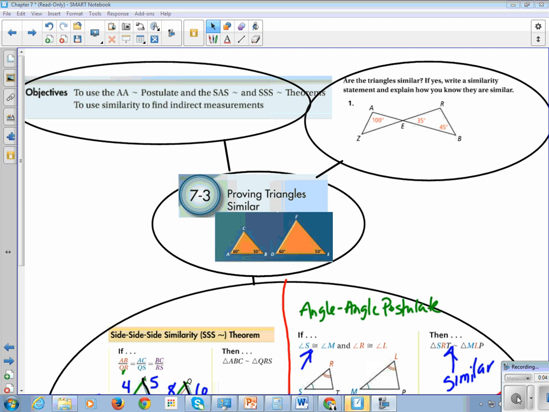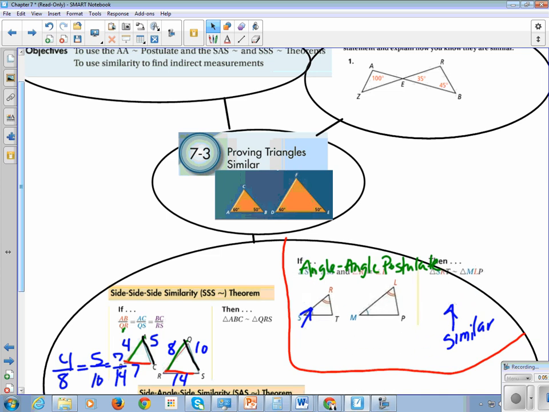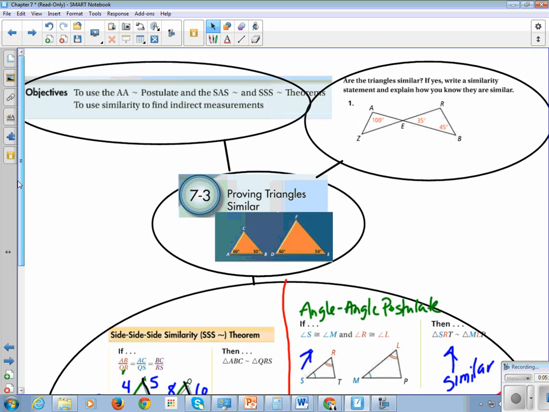Any little congruent marks on the sides to show any distances? I'm not given any information on the sides, so I don't want to use side-side-side or side-angle-side to prove anything about these triangles because I have no information on the sides. So I'm going to focus here on the angle-angle postulate.